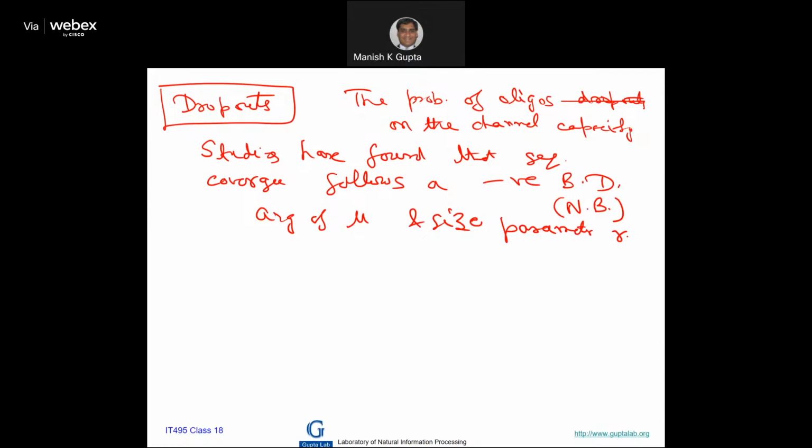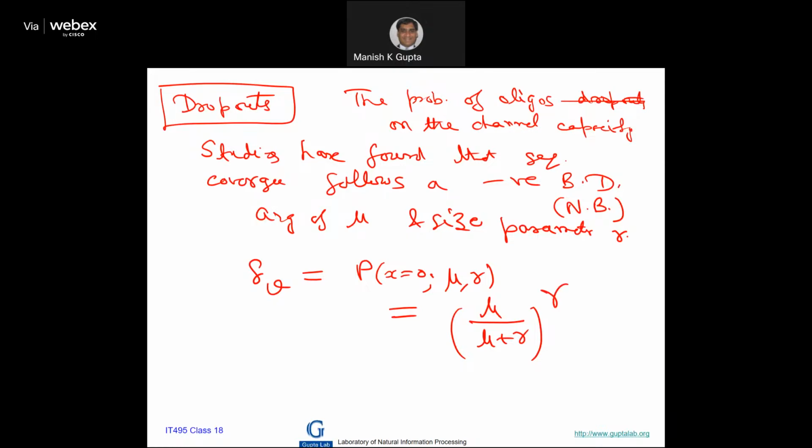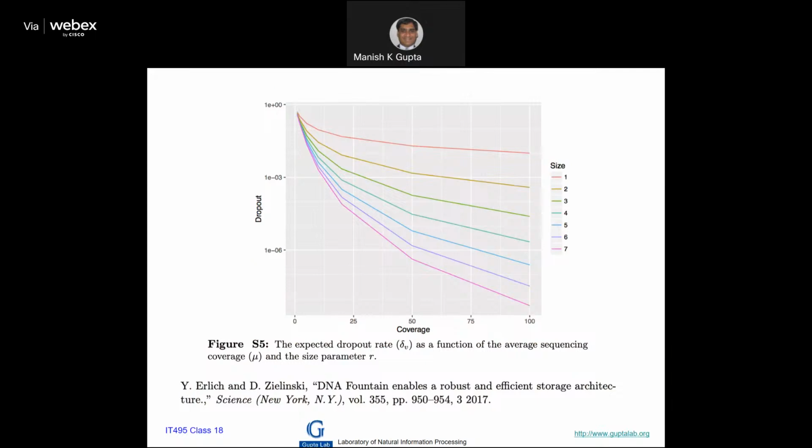Okay, so there are different ways we can compute this. I'm skipping a couple of details, but the rate of the dropout turns out to be this probability mass function, which is mu divided by mu plus r, raised to power r. Here is the picture.